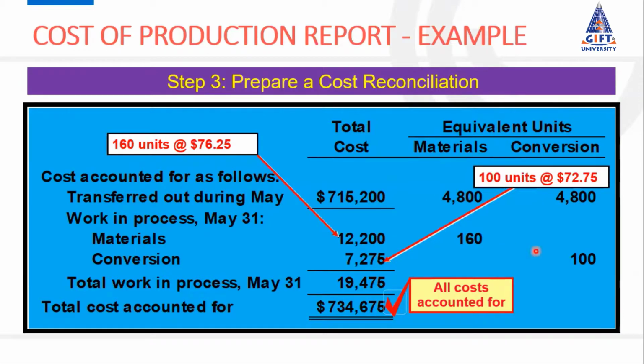For the calculation of these, those equivalent unit calculations will be used. So here we have equivalent units of 160, and the per unit material cost was calculated in step number 2, that is 76.25. So 76.25 multiplied by 160 is 12,200.